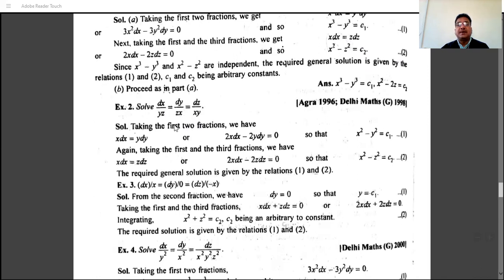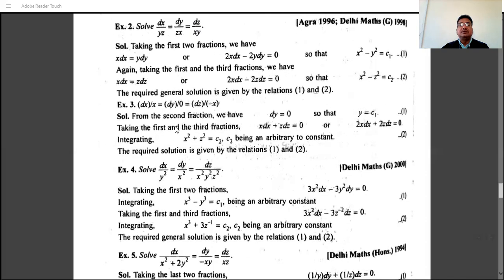So consider the first two fractions, and then after cancelling z we have this, and then integration gives x square by 2 is equal to y square by 2 plus a constant of integration, suppose c1 dash, and then multiplying by 2 we have this answer, 2c1 dash as c1. And similarly taking the first and third fractions we get x square minus z square is equal to c2, and therefore 1 and 2 give the general solution of the given differential equation.